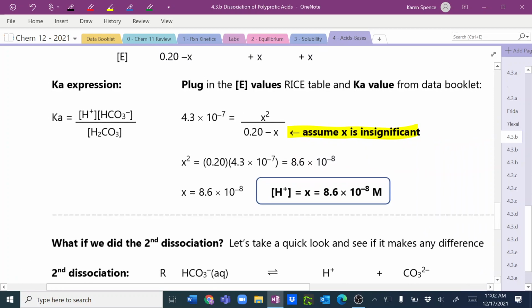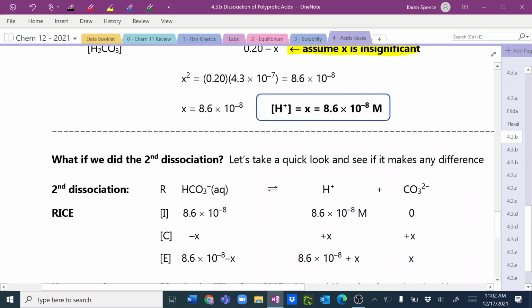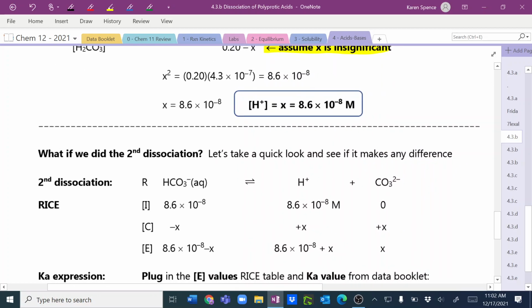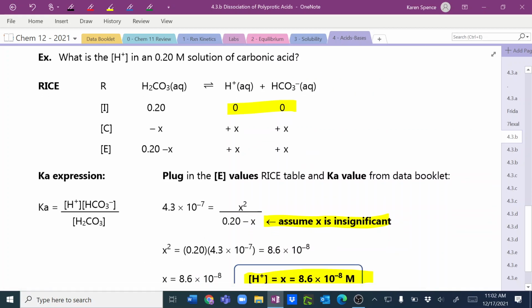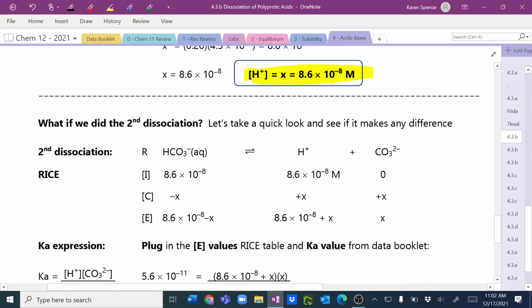What if we had to do the second dissociation? Well, now in our solution, we have hydrogen, which is equal to this, but also this is our concentration of the HCO3 as well. Okay, so both hydrogen and HCO3 are 8.6 times 10 to the minus 8.